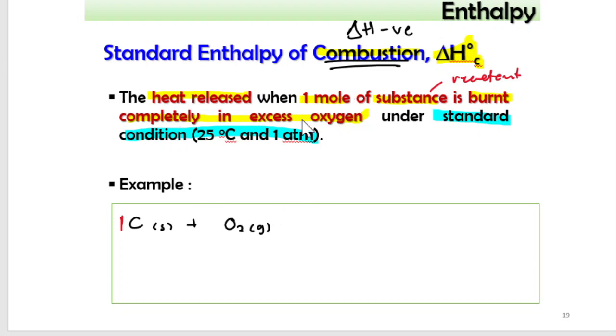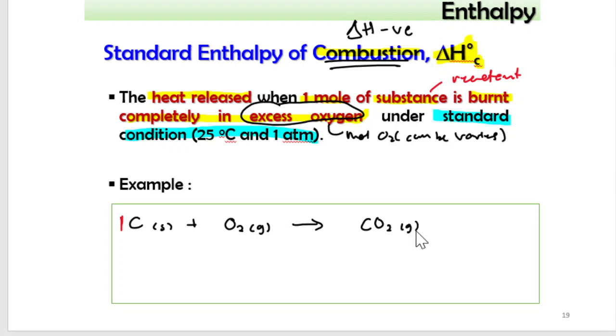Okay, it is burned in excess oxygen. So kalau excess oxygen tu maksudnya mole untuk oxygen can be varies. Okay, dia tak tetap lah. Right, so you will get CO2 gas. Okay, so this is the thermochemical equation for combustion of carbon.